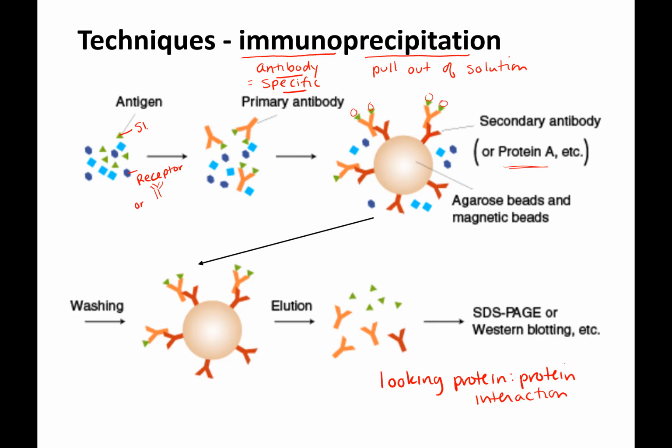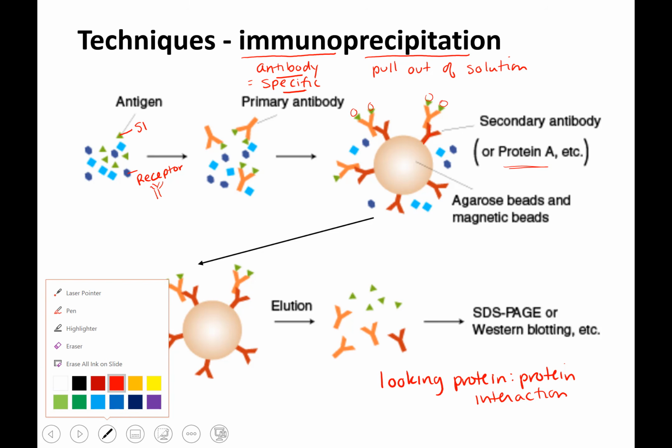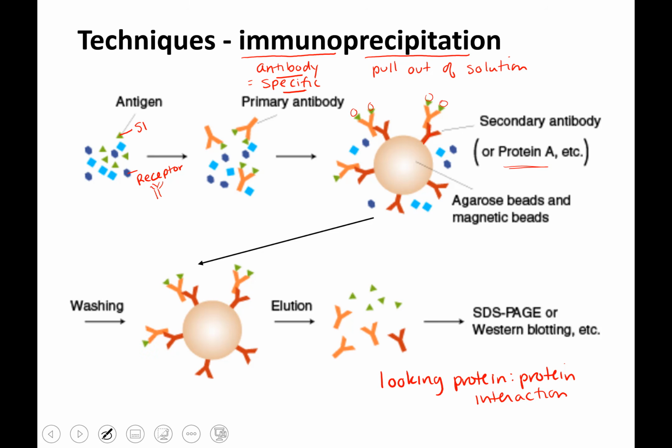If I said this was S1 and this blue was the receptor, then I could say, let's see if S1 interacts with the receptor, right? And we would have these in our sample that we are analyzing by SDS-PAGE. The more interaction you have, the more protein you're going to pull down, and we'll talk about what that looks like in just a second.